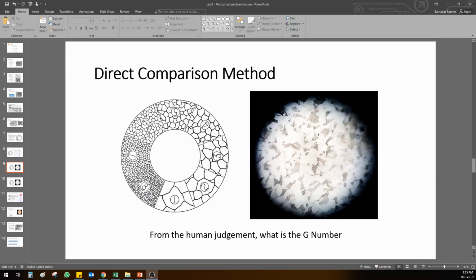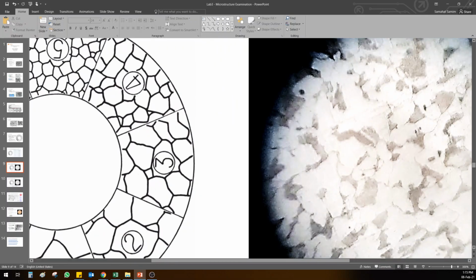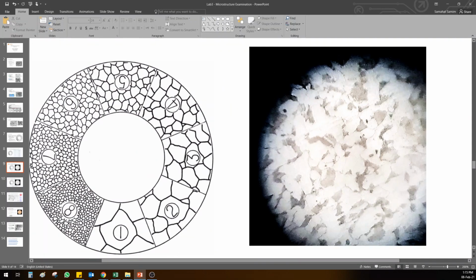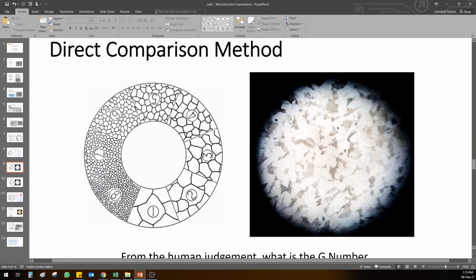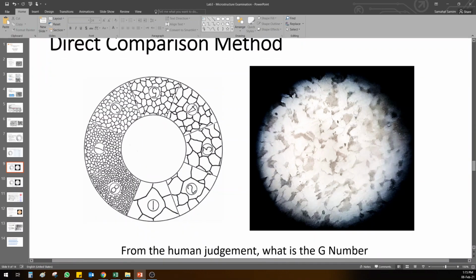Here in this picture, I have the microstructure on the right side and the chart on the left side. So what will the direct comparison method do? From your human judgment, what do you think the grain size number can be when you compare it with this chart? That's the direct comparison method.